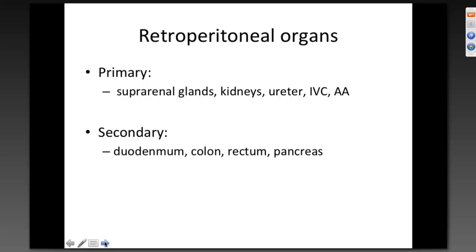Those things that are primary are those things that are only covered on one face, versus those things that are secondary that might be covered all the way around. Some are covered on two faces. Some might be covered all the way around. I think I have a nice, pretty picture here.